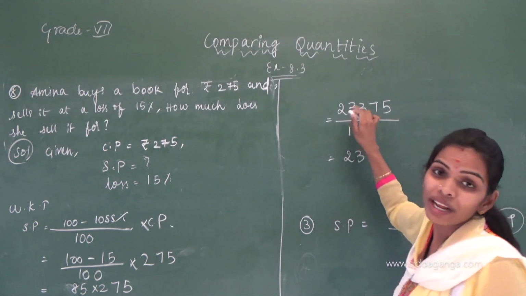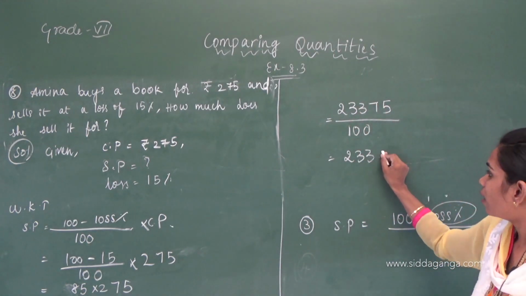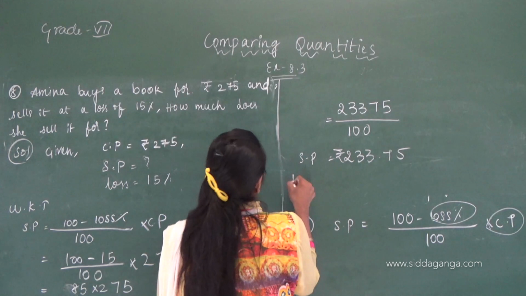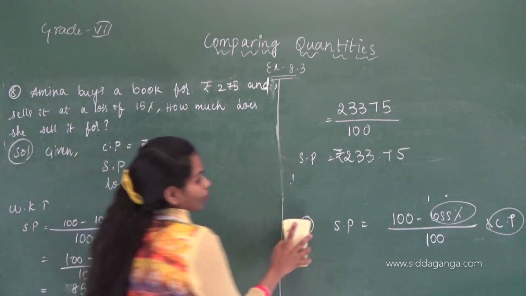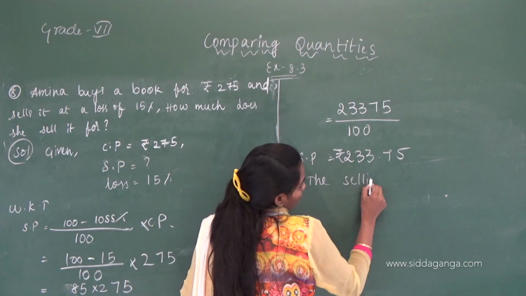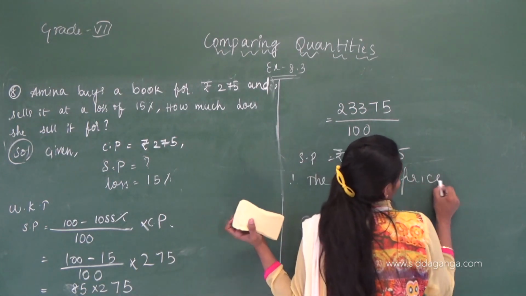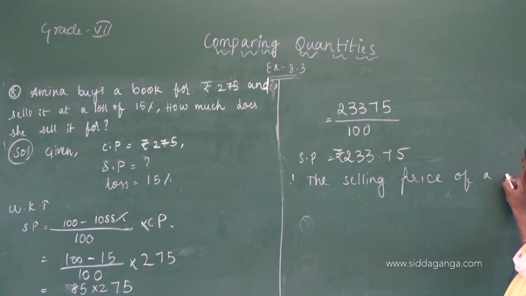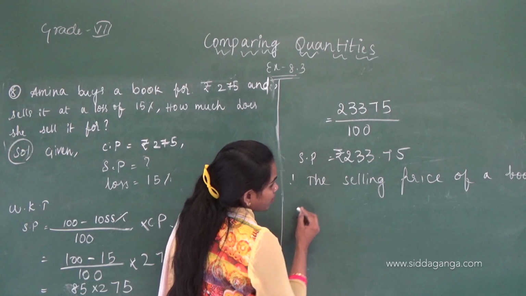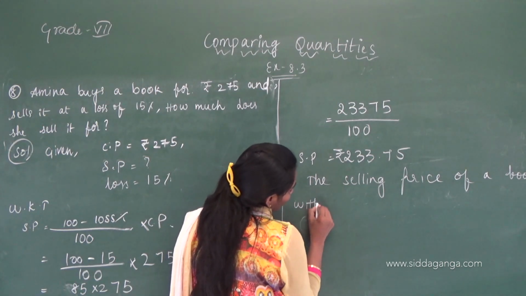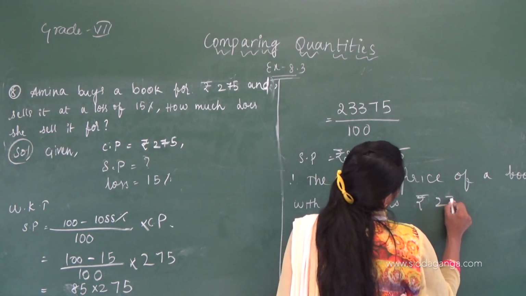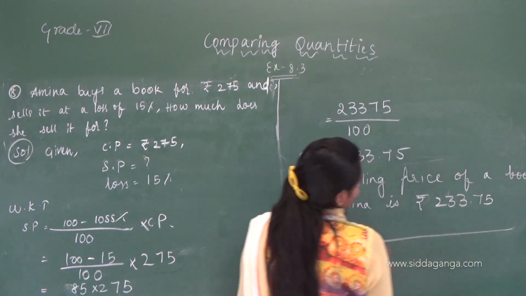And if you take the division between these two, the selling price of a book is rupees 233.75.